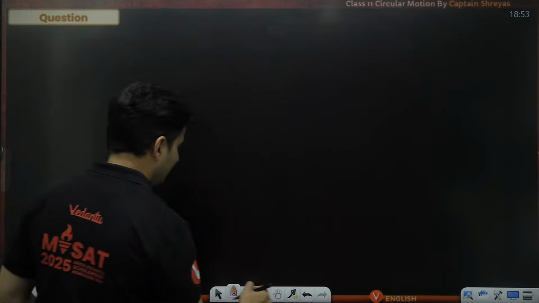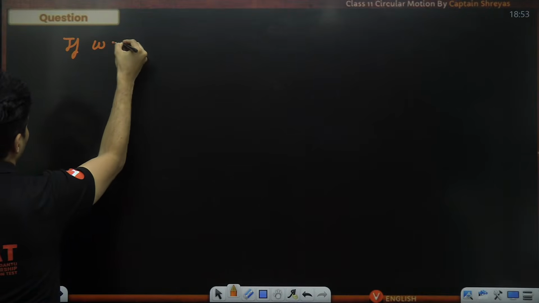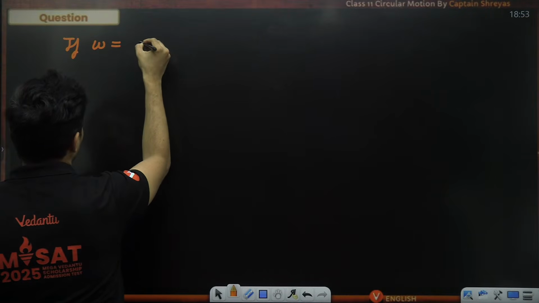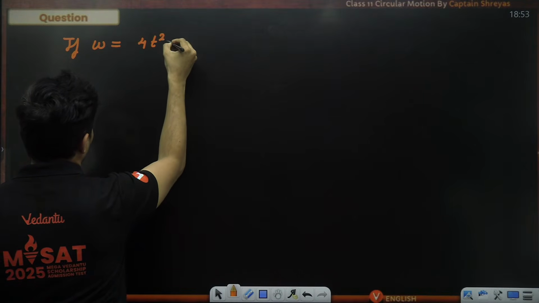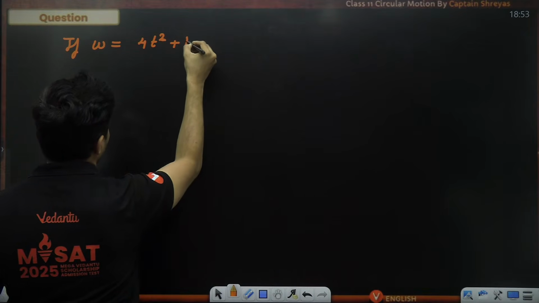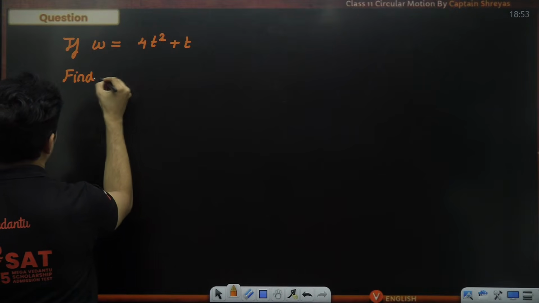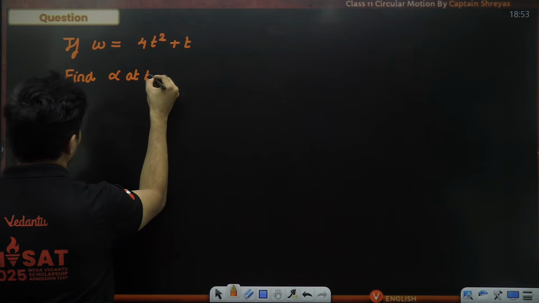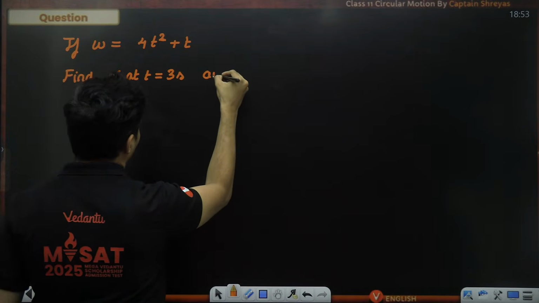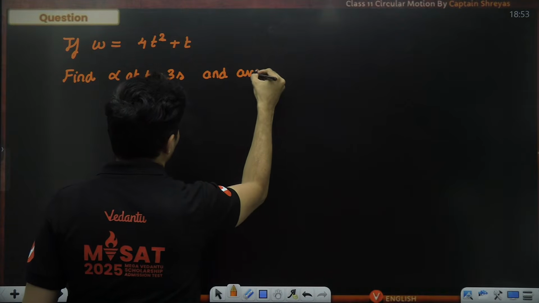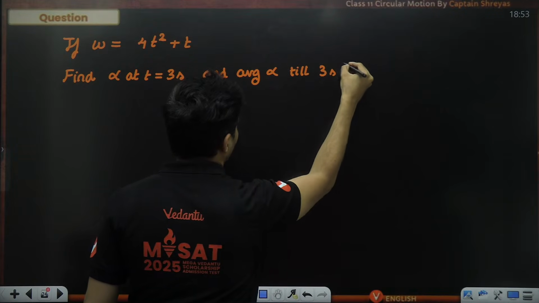And here it is. What is it? If omega is 4t square plus t, then find alpha at t equal to, let's say, 3 seconds and average alpha till 3 seconds.